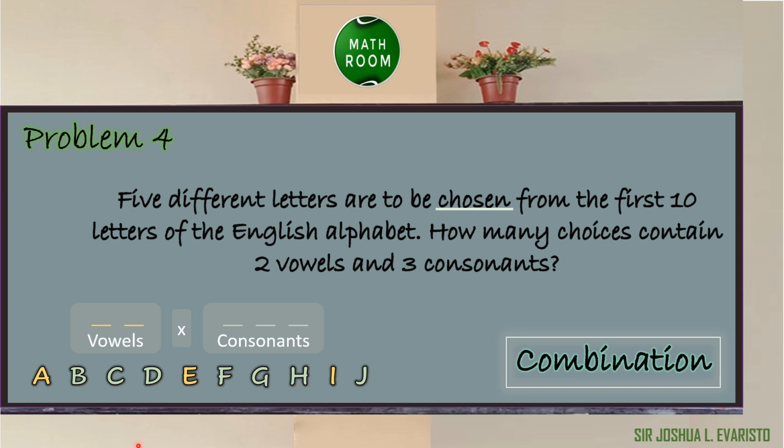According to the problem, we're going to choose 5 different letters containing 2 vowels and 3 consonants. Hence, this problem can be solved using combination of 3, 2 times combination of 7, 3, since we have 3 vowels and we're going to choose 2. Also, we have 7 consonants and we're going to choose 3.